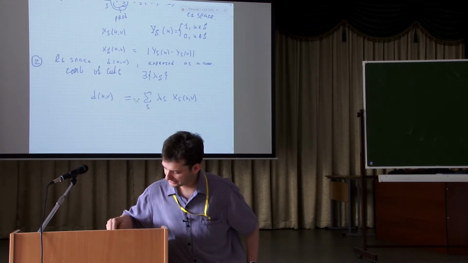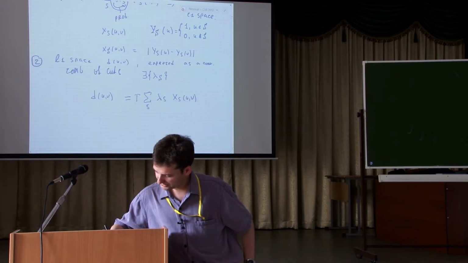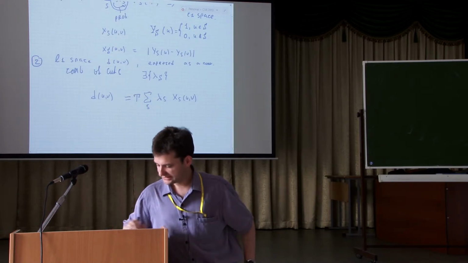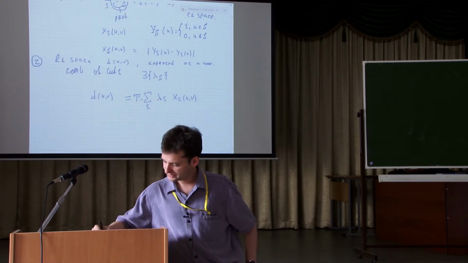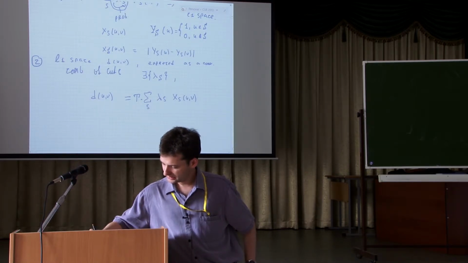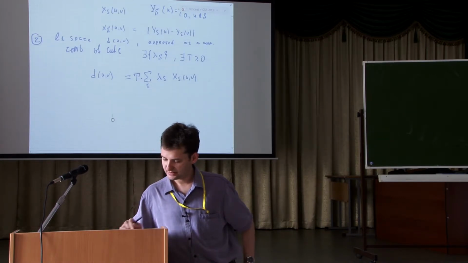Let's do it this way: equals some parameter t times this. So there exists a convex combination of cuts, and there exists some parameter t such that this holds.